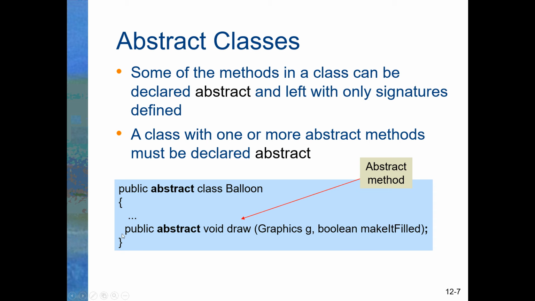What this says is I'm actually not defining draw in here. I'm saying anybody that inherits the balloon object has to have a method called draw that takes in a graphics and a boolean. So because I've added one abstract method in here, it now makes my class abstract. And then that actually plays out a little bit different. We'll talk about it here soon.